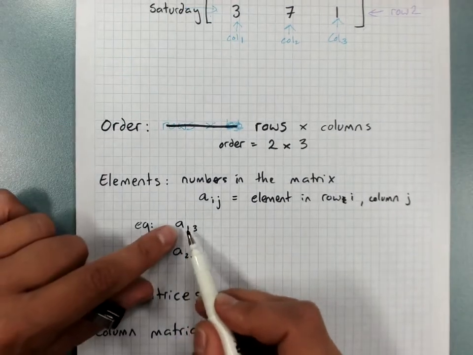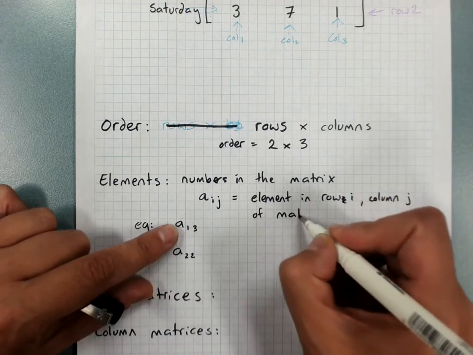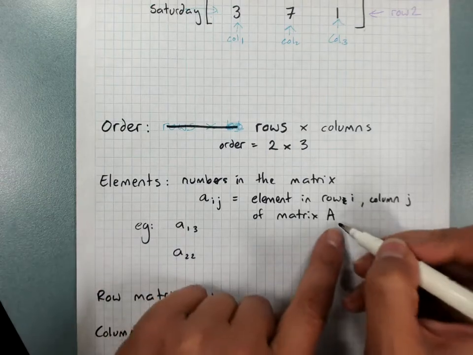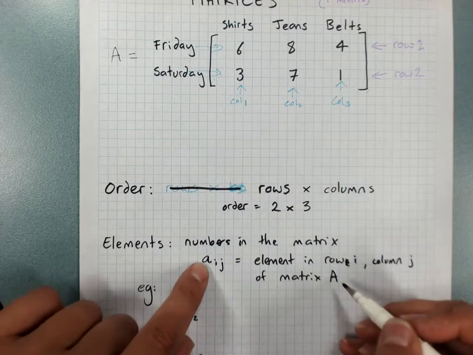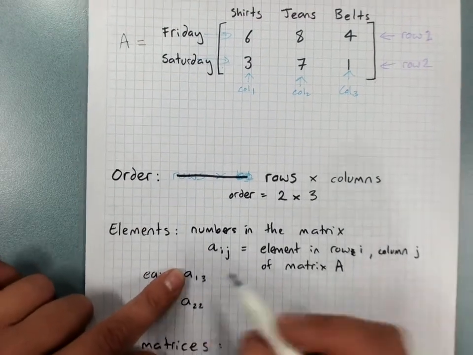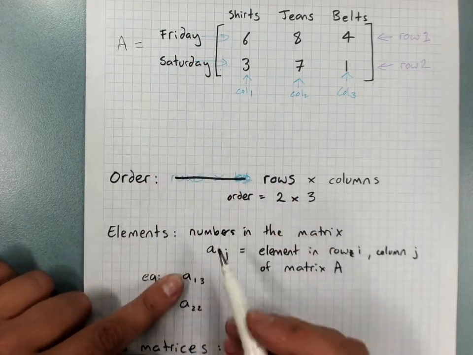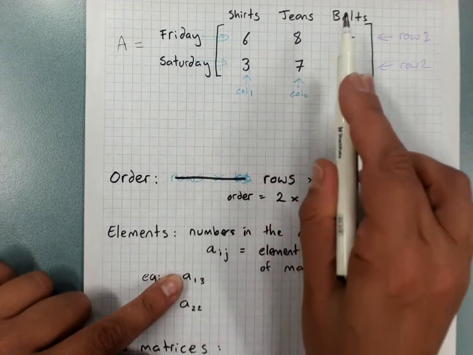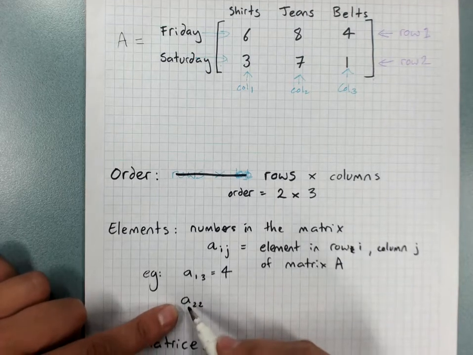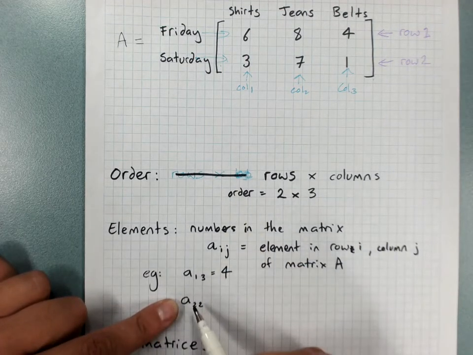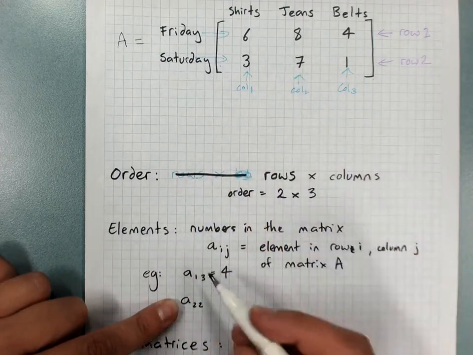So element little a of matrix A. So matrix A is capital A, and the elements are labelled with the little letter, the lowercase a. So element a_13 says the element in matrix A in row 1, column 3. That is 4. Element a_22, not 22, but 2, 2, is row 2, column 2, it's 7.